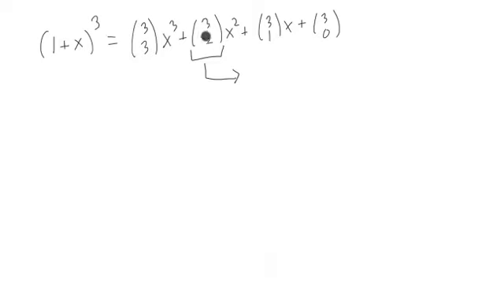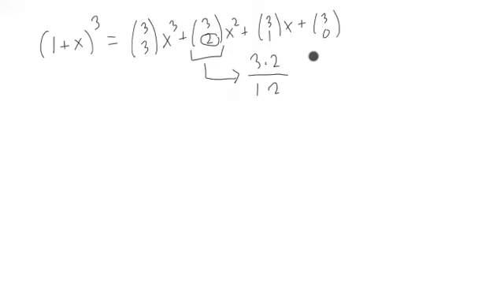This same idea will hold. This 2 is important because it tells us we have a fraction with 2 things on the top and 2 things on the bottom. On the bottom we start at 1, so 1 times 2. On the top we start at 3, 3 times 2. And this is the definition you could take for this symbol, 3 choose 2.